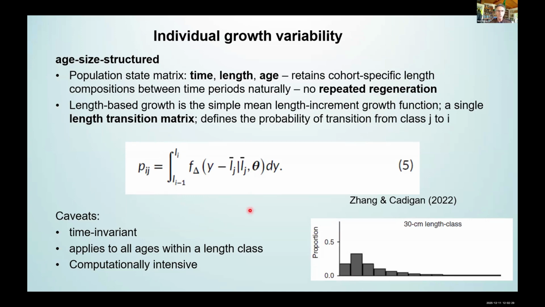The caveats of the way this is used in most age-size-structured models is that the length transition matrix is time invariant in some of the examples we've seen. And the key thing here is that it applies to all ages within a length class, and I'm going to come on to that in the next slide. And of course, we have the issue of it being computationally intensive.